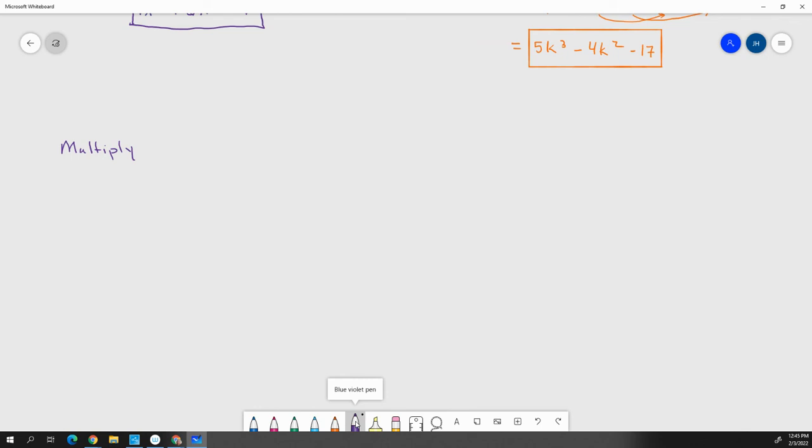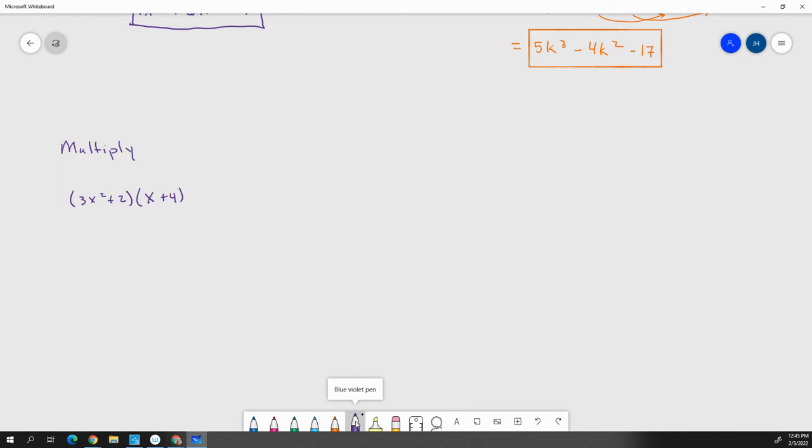The reason for that is it only applies when we're multiplying binomials, when I have something like 3x squared plus 2 times x plus 4. This would be a binomial, and foiling works for that, but it doesn't work for any other type of polynomial multiplication.